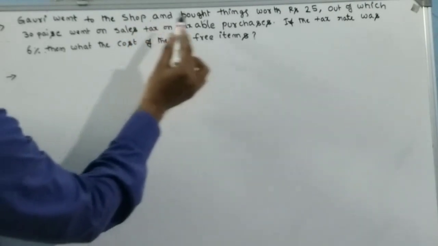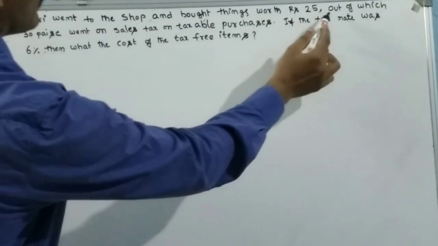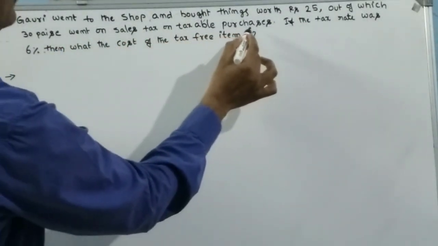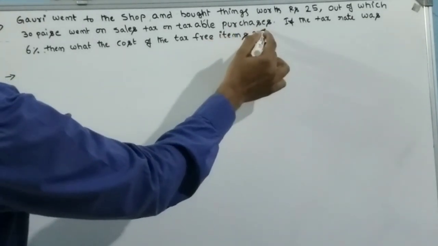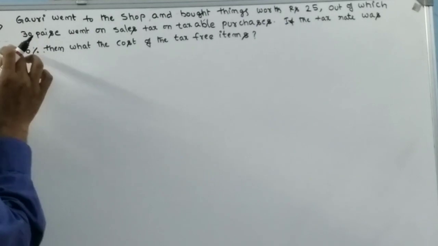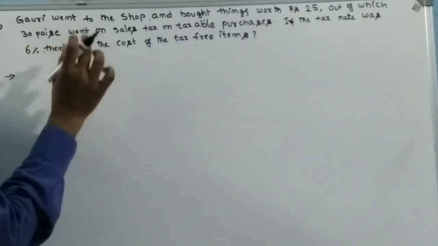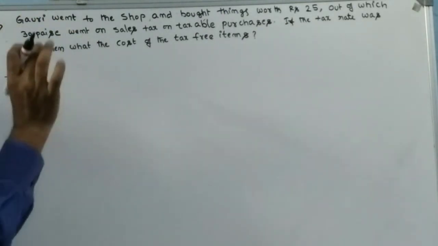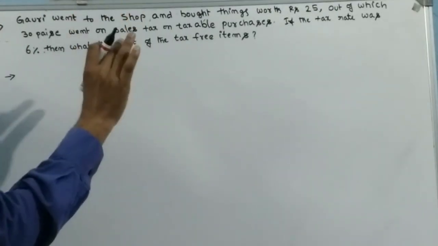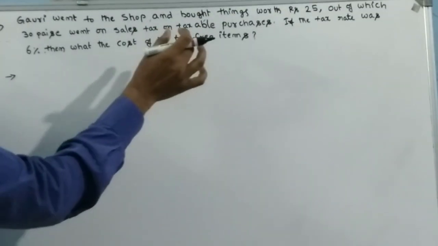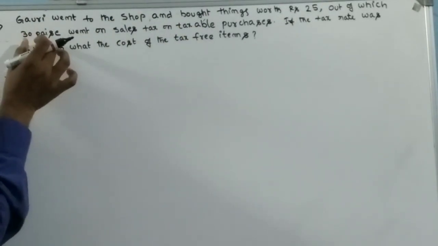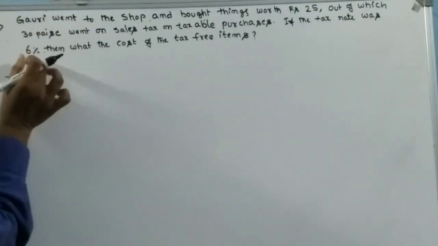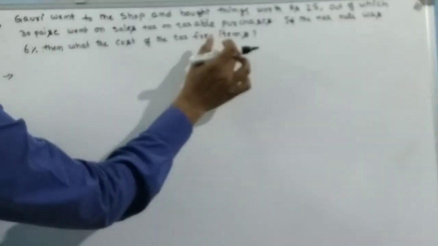He paid 30 paise on taxable items only. So on taxable items, he paid 30 paise sales tax.